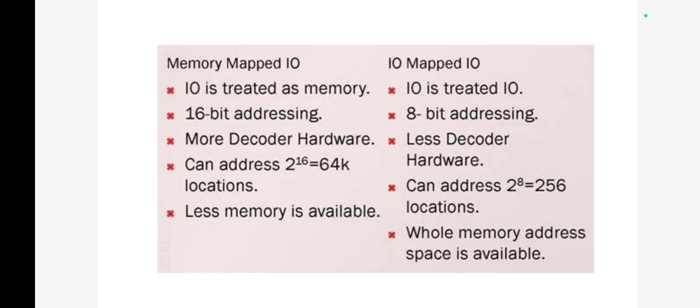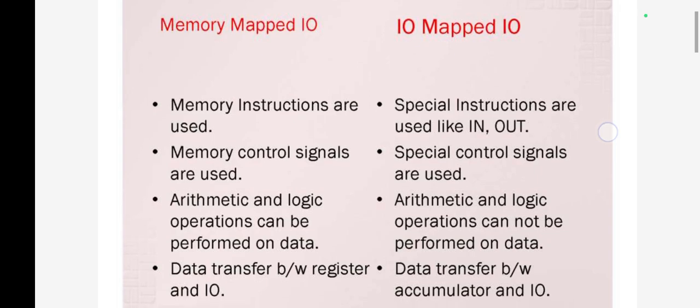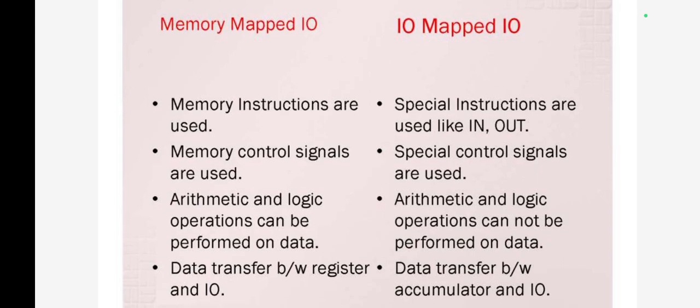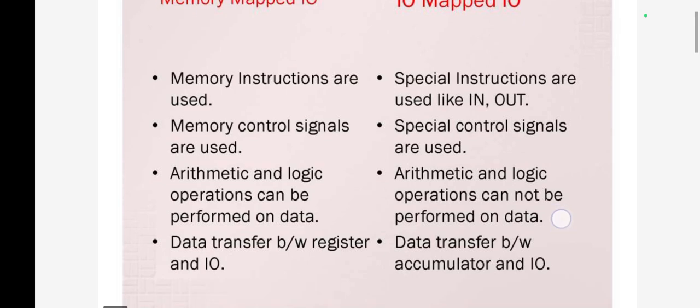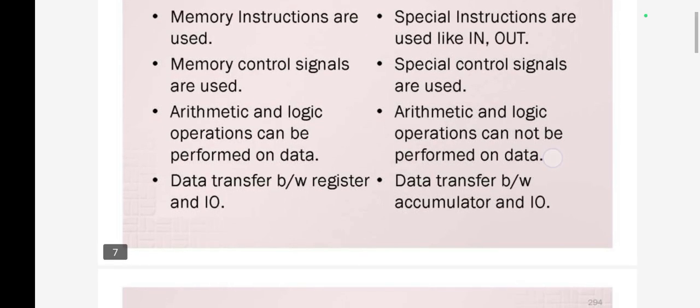In IO mapped IO, the whole memory address space is available. In memory mapped IO, memory instructions are used, whereas in IO mapped IO, special instructions like IN or OUT are used. In memory mapped IO, memory control signals are used, whereas in IO mapped IO, special control signals are used.